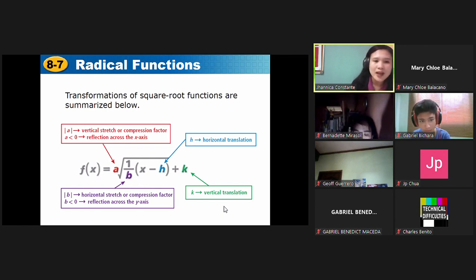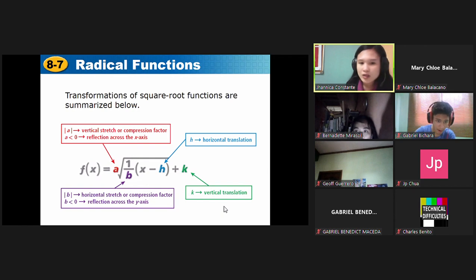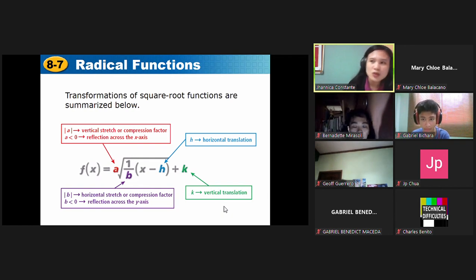And when we have a positive b, it will have a horizontal stretch or compression factor. If we have a negative b, the translation that happened to your radical function is a reflection across the y-axis. So those are the things that we need to remember to describe the translation that happened between the parent function and the radical function that is given.